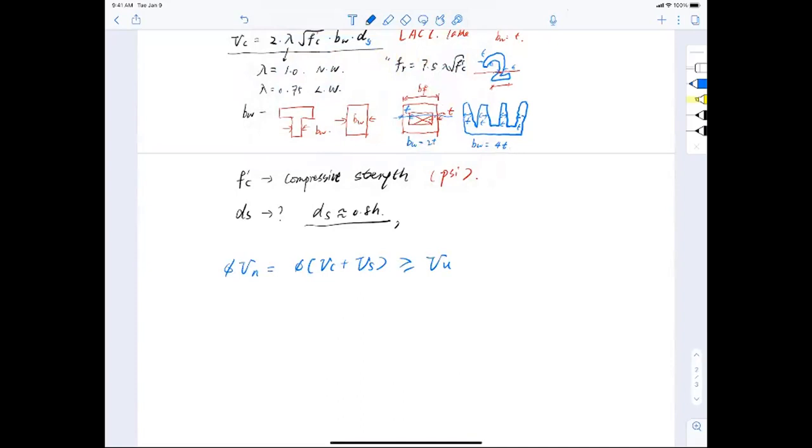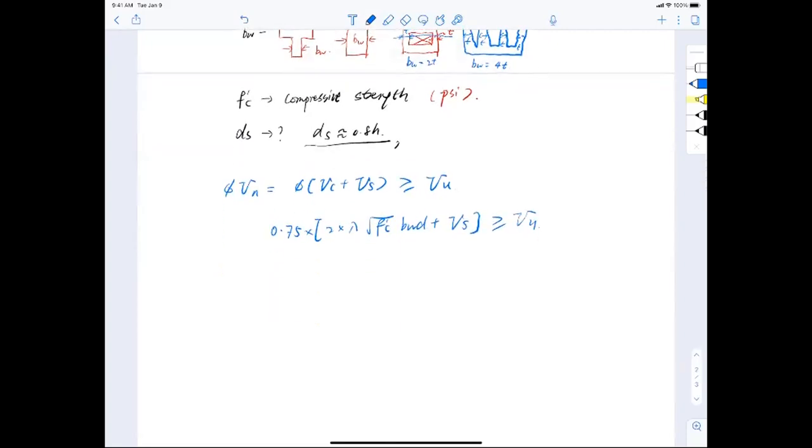Translating to our language, 0.75 multiplied by the bracket, 2 lambda square root of f'c bw d, plus Vs, is greater than or equal to Vu.